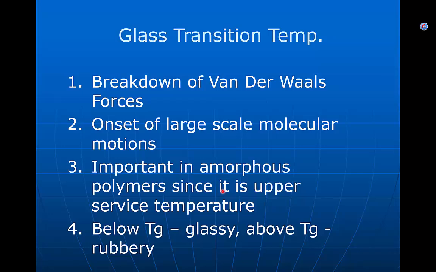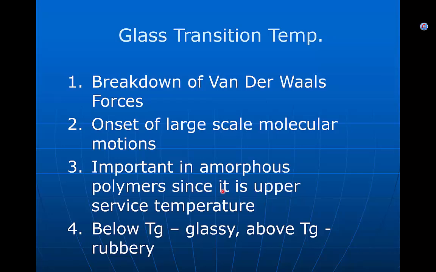Now, in amorphous polymers, it's really important because you usually cannot go above that temperature. They become unusable. However, where I have a cross-linked system, as in natural rubber that's been cross-linked, or in any thermoset, you can often operate above the TG because those primary bonds hold things together even when the van der Waals bonds are broken down.